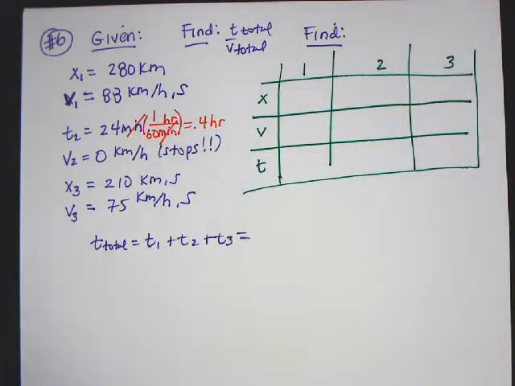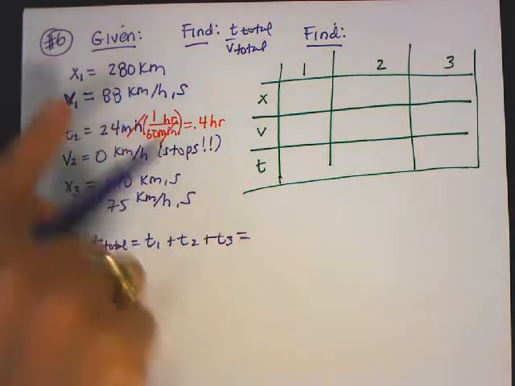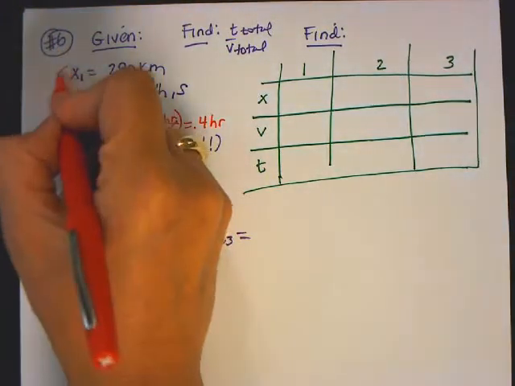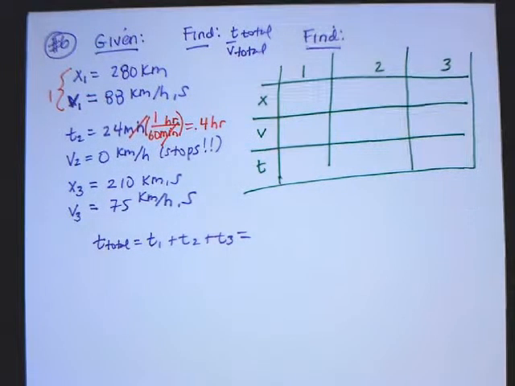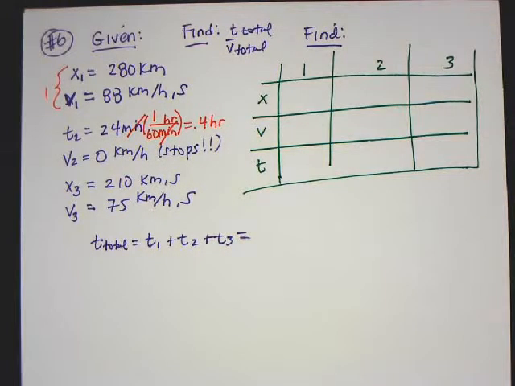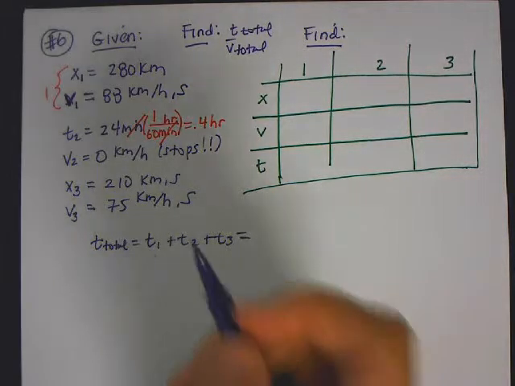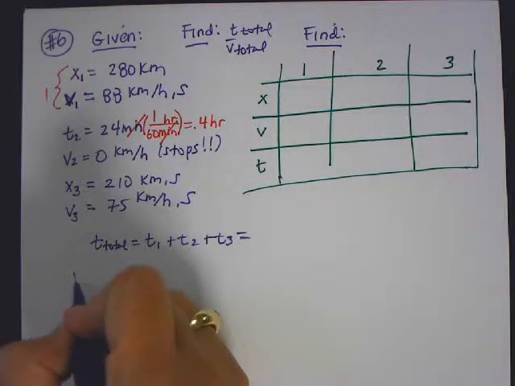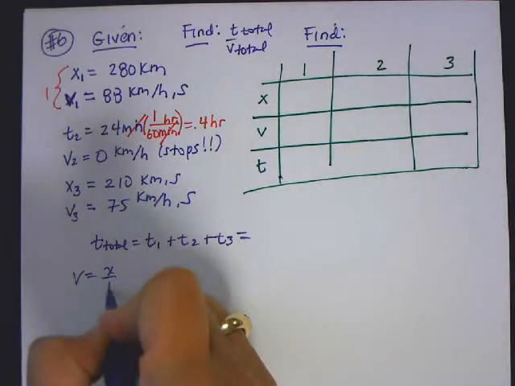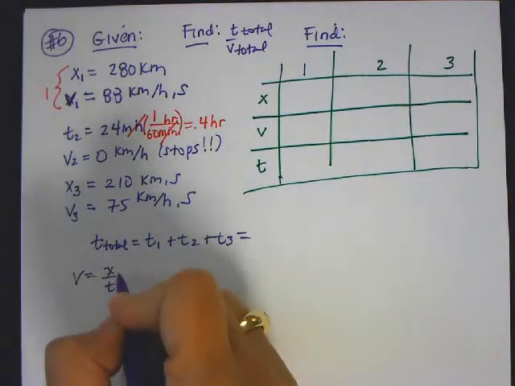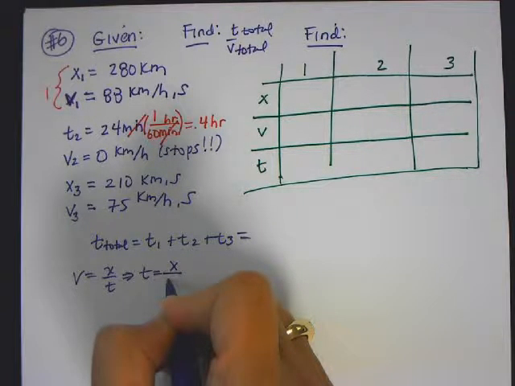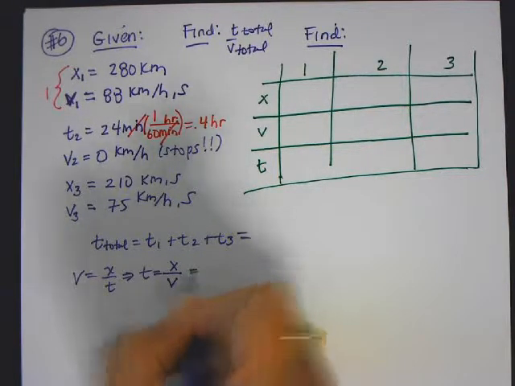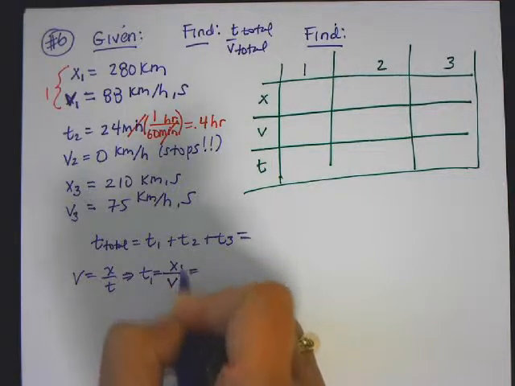The problem is, if I look at my chart, for the first part of the trip, I have the displacement and the velocity, and I don't have the time. Can I find the time? Sure, because my basic equation says that V is equal to X over T. I took the deltas out. So T is equal to X over V. So for T1, it's going to be X1 over V1.